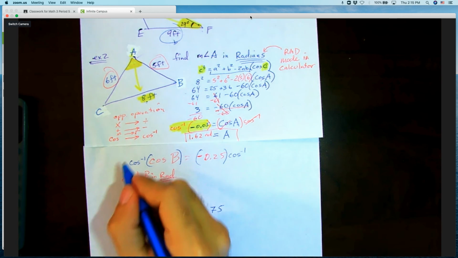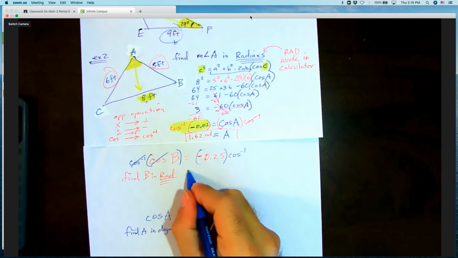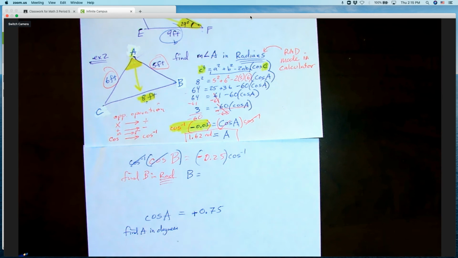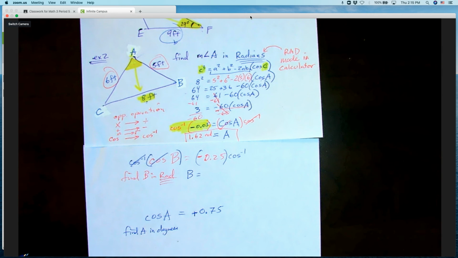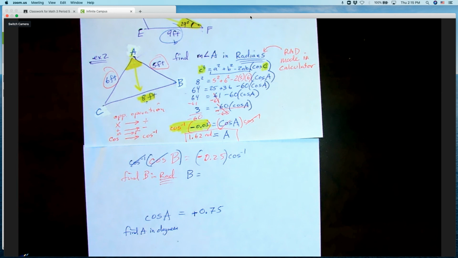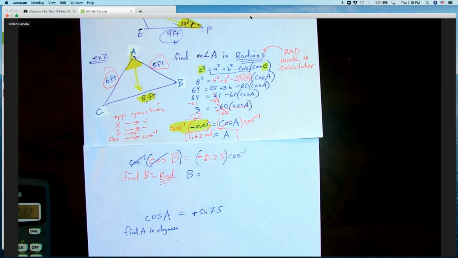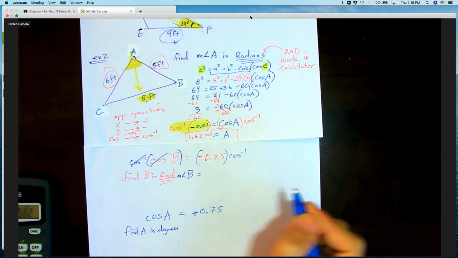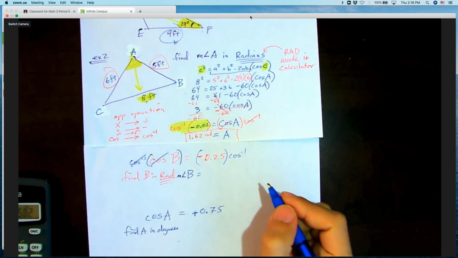When you do so, it cancels out this cosine. We get B is equal to, and then we just have to work out what the inverse cosine of negative 0.25 is. So the measure of angle B in radians.